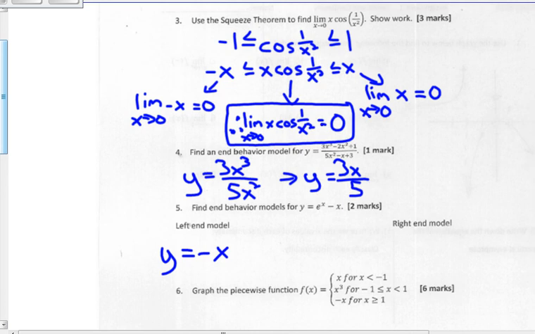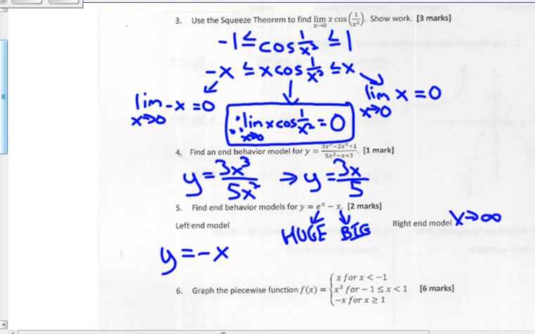Let's do the same thing for the right end behavior. That means as x goes to infinity, e to the, say, e to the million is huge. Minus, let's say we put in a million, just a big number. Well, a million is big, but it's not huge. It's not as big as e to the power of a million. E to the power of a million will probably break your calculator.